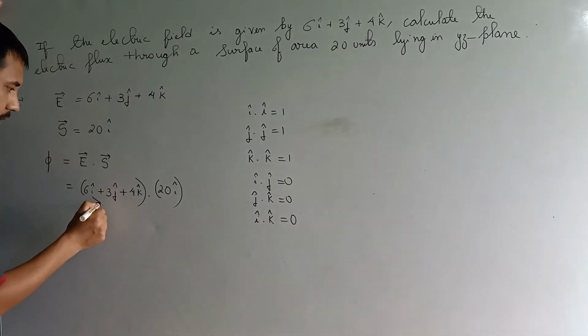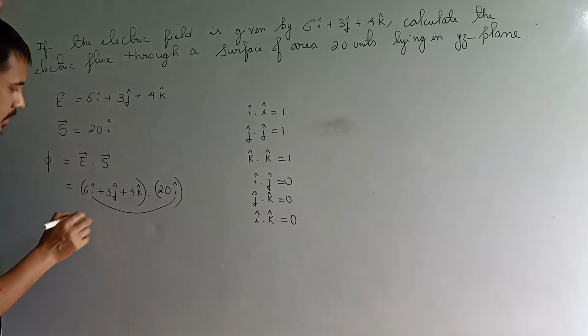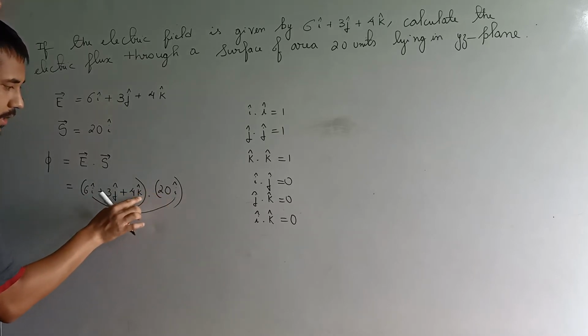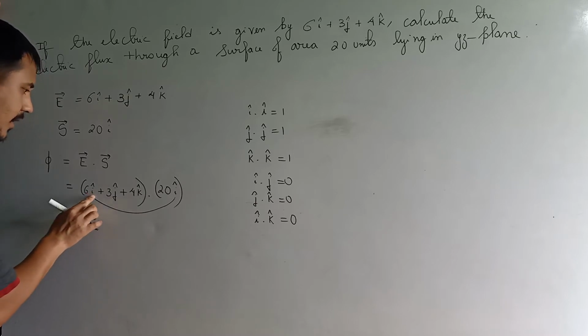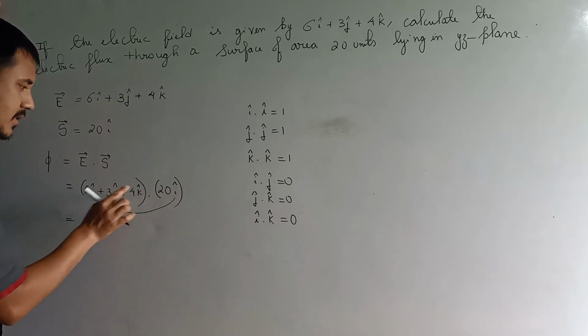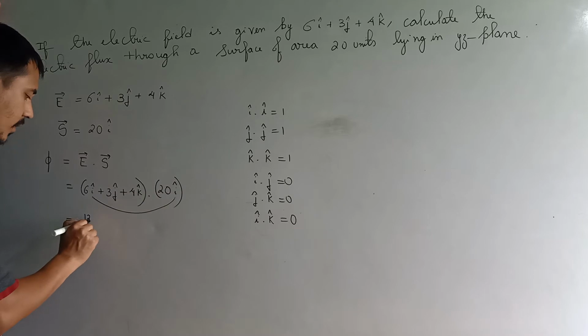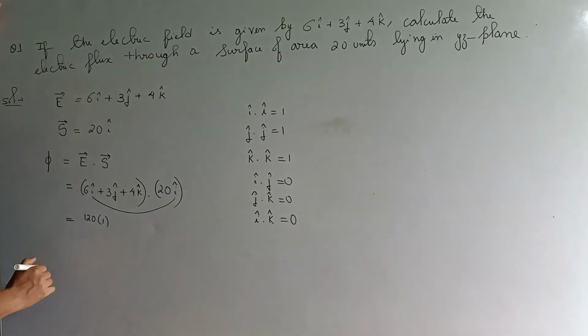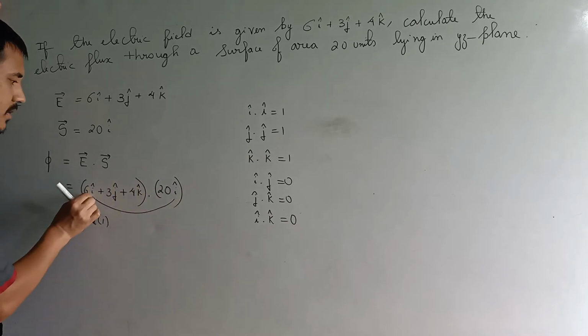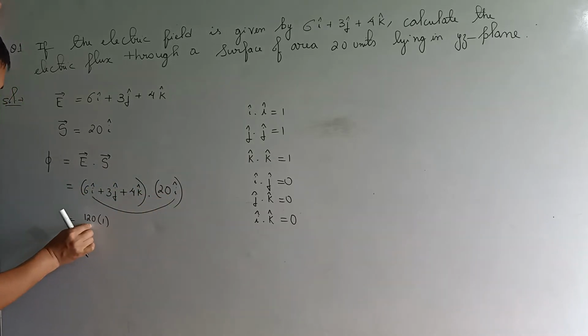Similarly, j dot i will be 0, k dot i also will be 0. Since i dot i is 1, 6 into 20 is 120.